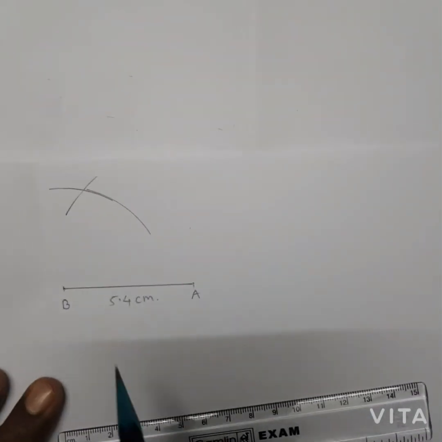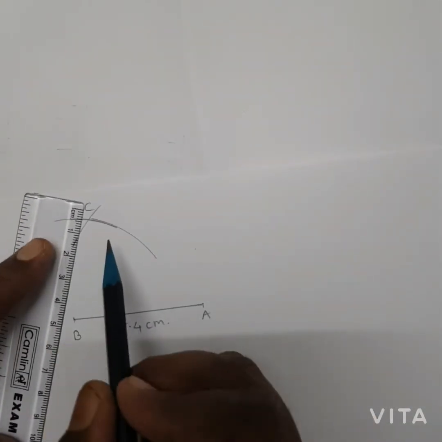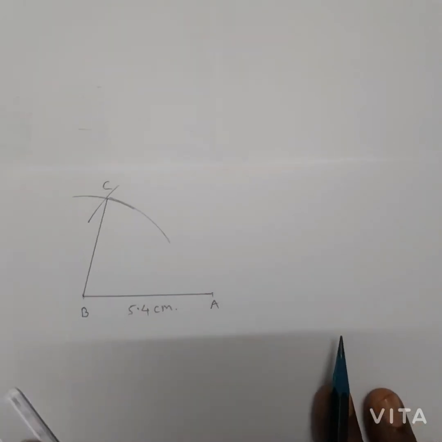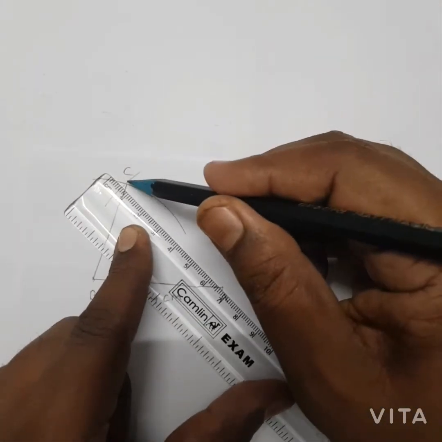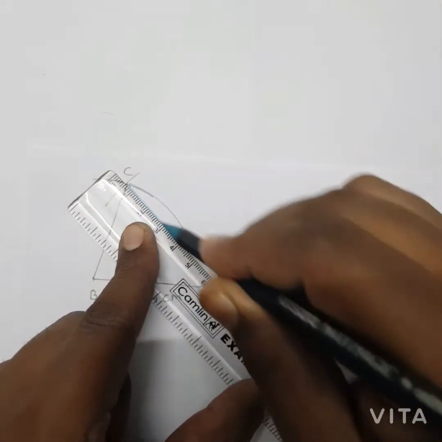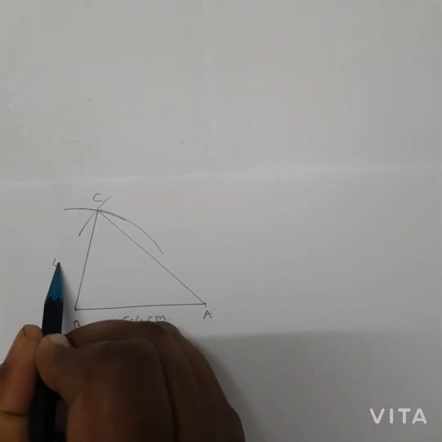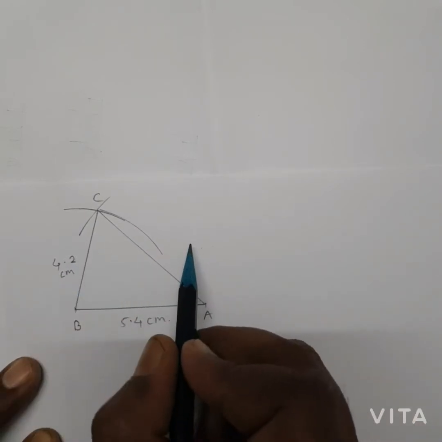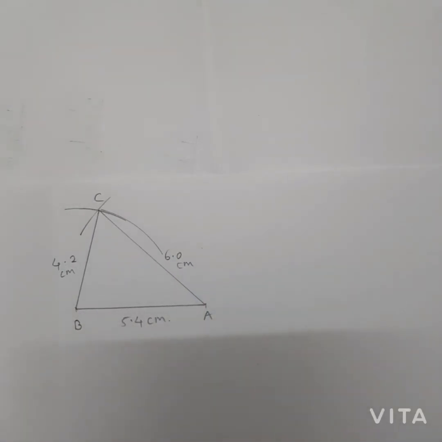Therefore it is our point C. If we join this point C with point B, this is side BC. Again, this is side AC. Side BC is 4.2 centimeter and side AC is 6.0 centimeter. This is our first triangle, triangle ABC.